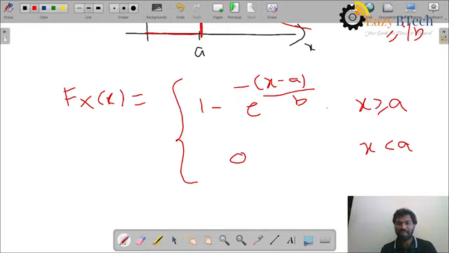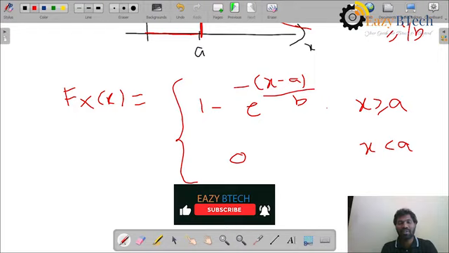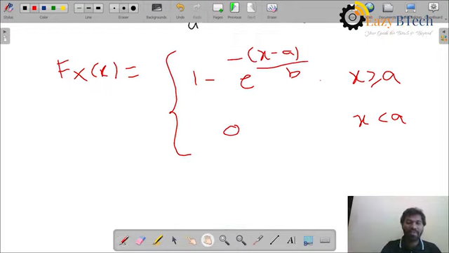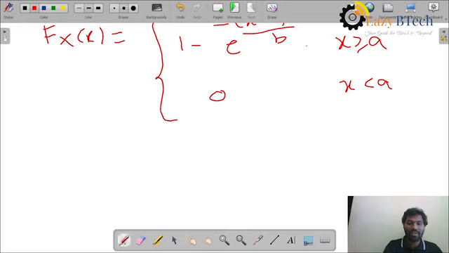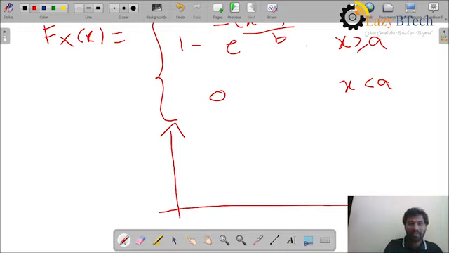So this is the expression of the exponential random variable distribution function. In the same way, if you plot this distribution function, it is like this. Here it is F_X(x) against x.